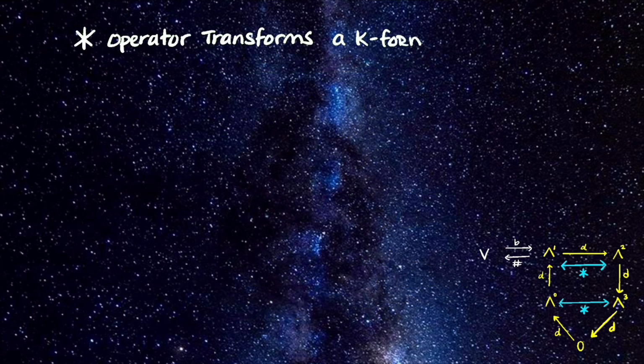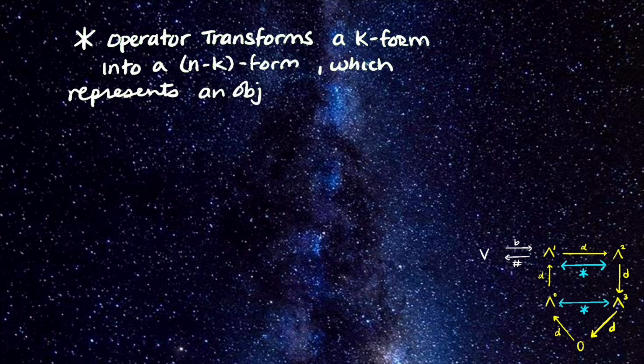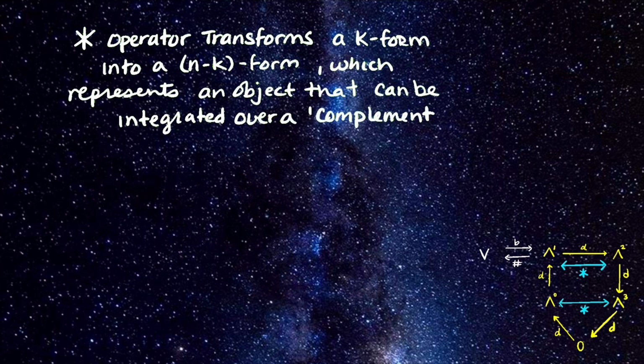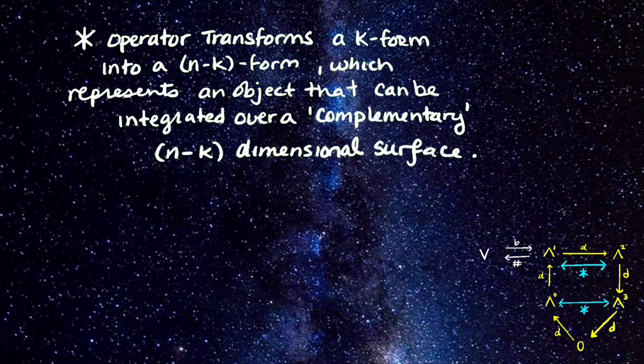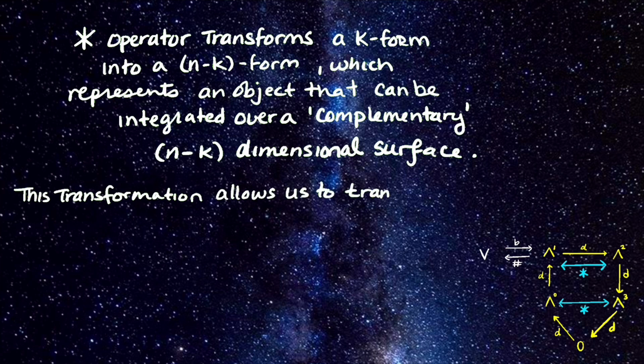The Hodge star operator transforms a k-form into an n-k form, and again, this represents an object that can be integrated over a complementary n-k dimensional surface. Something that happens in one space has a corresponding action in the other.